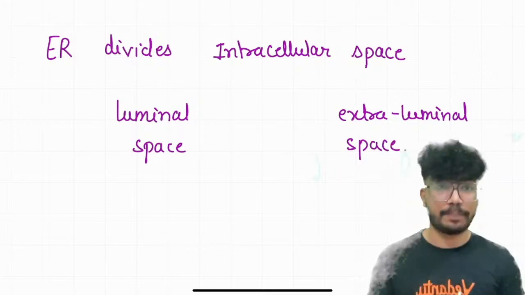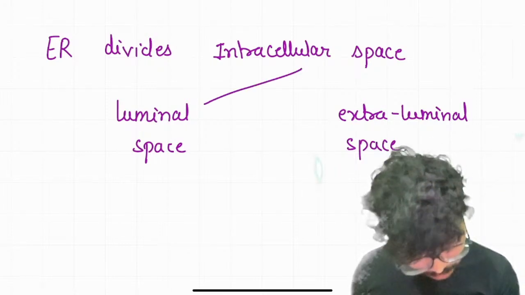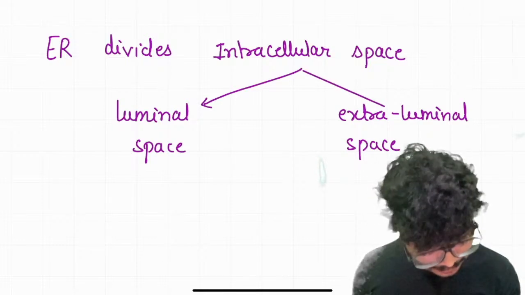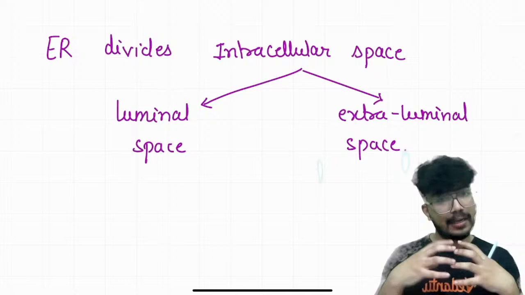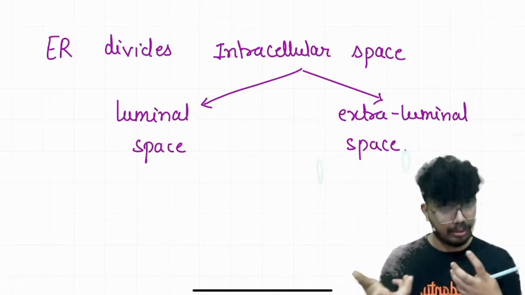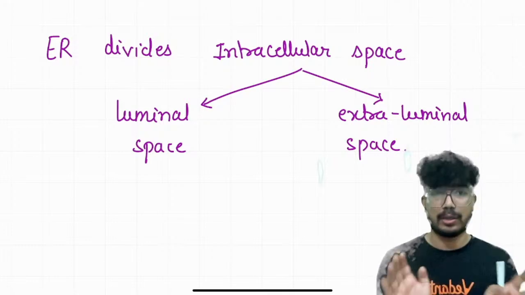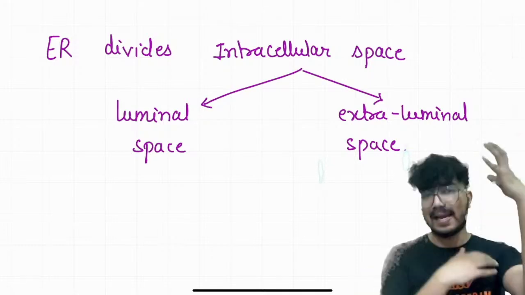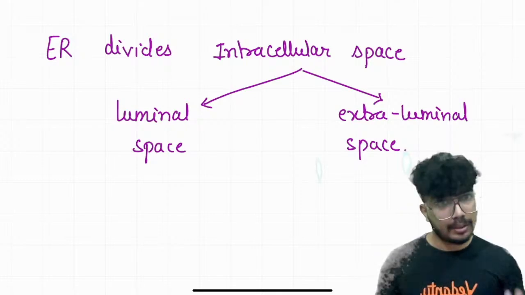So the two environments are going to have different composition. Chemically, there are going to be variations in the chemical composition, like the internal environment and external environment. There are going to be certain differences.